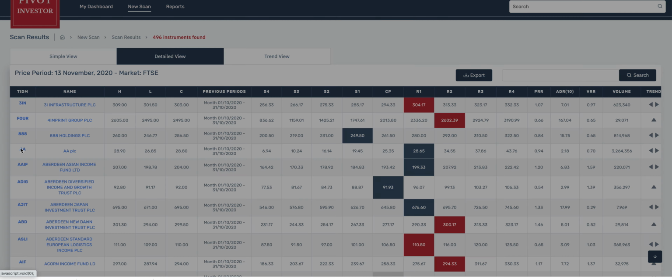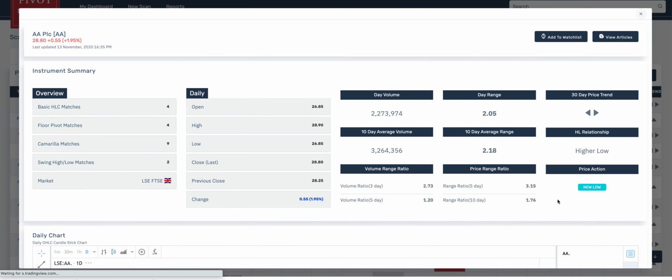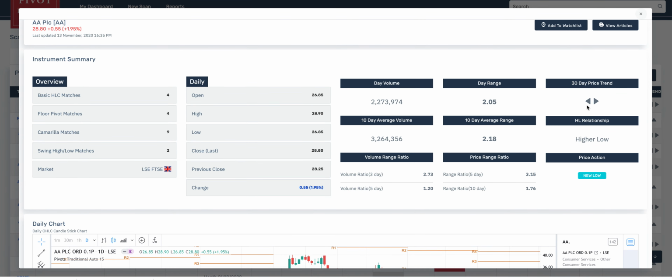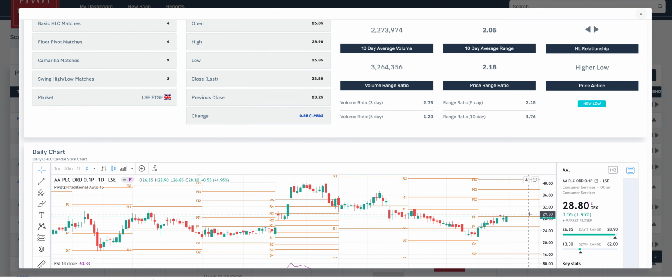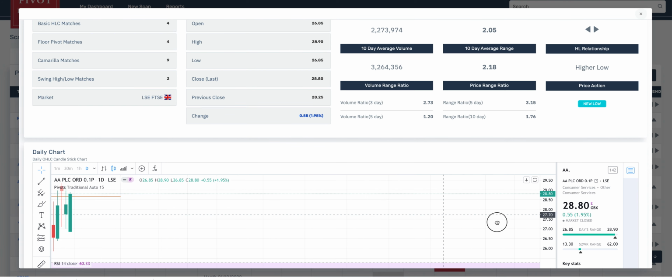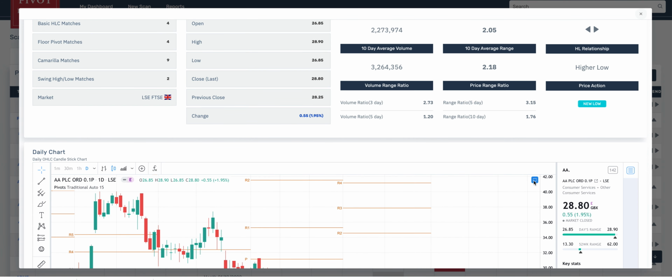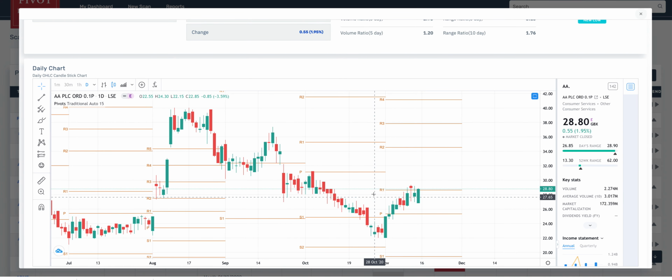So we'll just quickly have a look at the AA chart and the profile page for AA. A sideways trend here. Volume is good though, and we can see here how price has closed above the R1 floor pivot, only just.